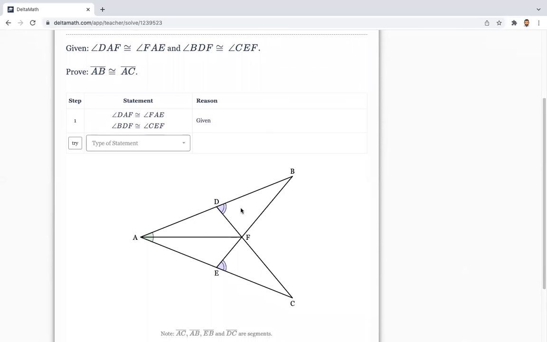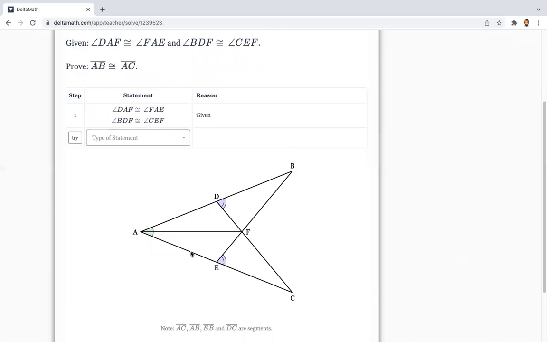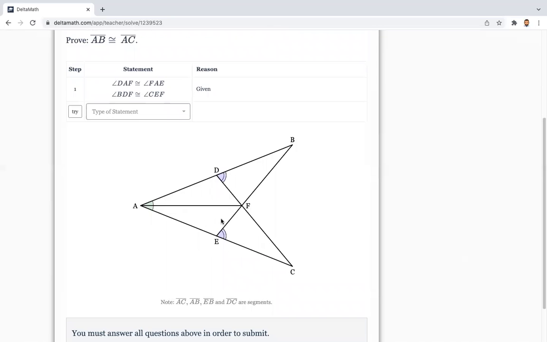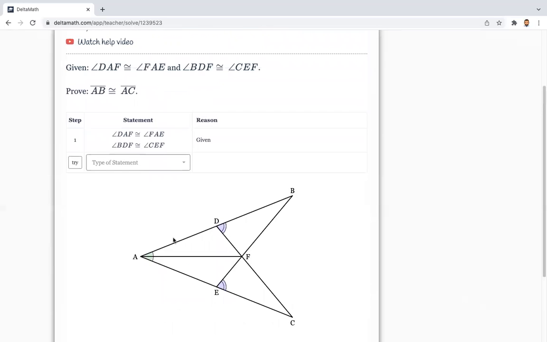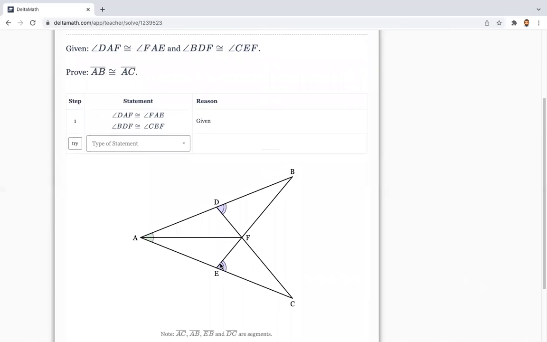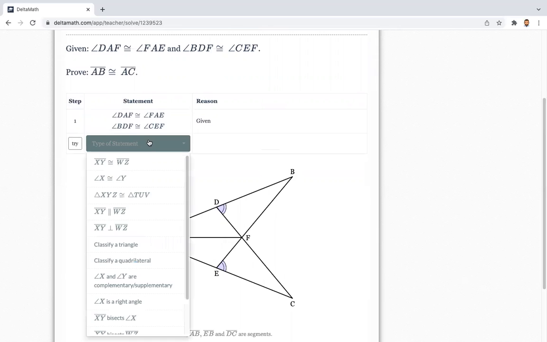So we have to prove triangle ABF, this big triangle, is congruent to triangle ACF, this other triangle. And we probably have to prove some smaller triangles along the way because our only givens are these angles, which are marked in the diagram. Okay, I can prove ADF, this triangle and this triangle, using linear pairs, and then third angle theorem.